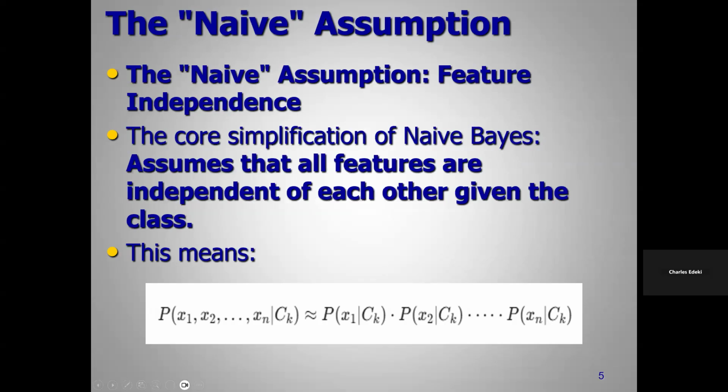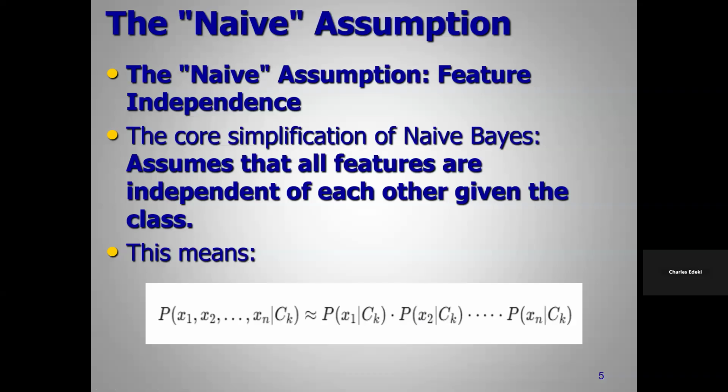Here is where the naive part of Bayes comes in, the naive assumption about features. Calculating the probability of x1 to xn given C_k directly would be computationally very expensive, especially if we have many features, the product of S1 given C_k, S2 given C_k, all the way to Sn given C_k.